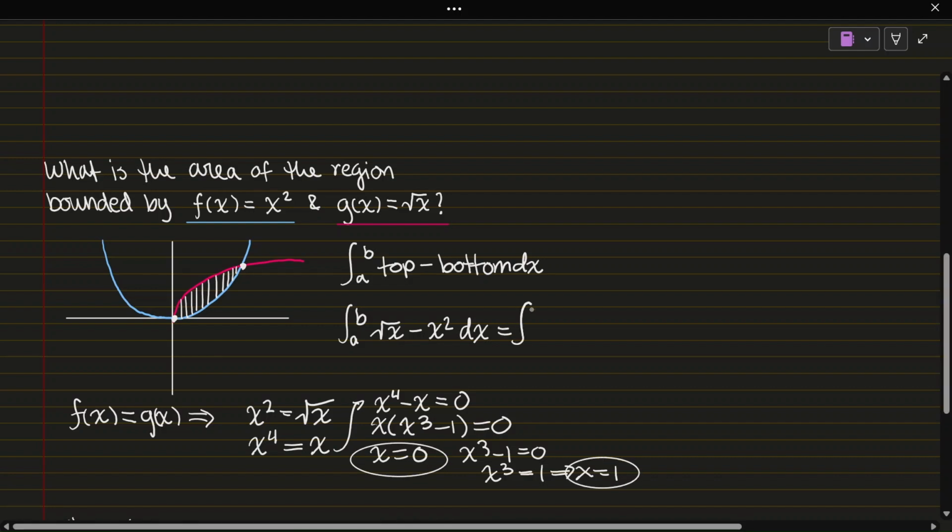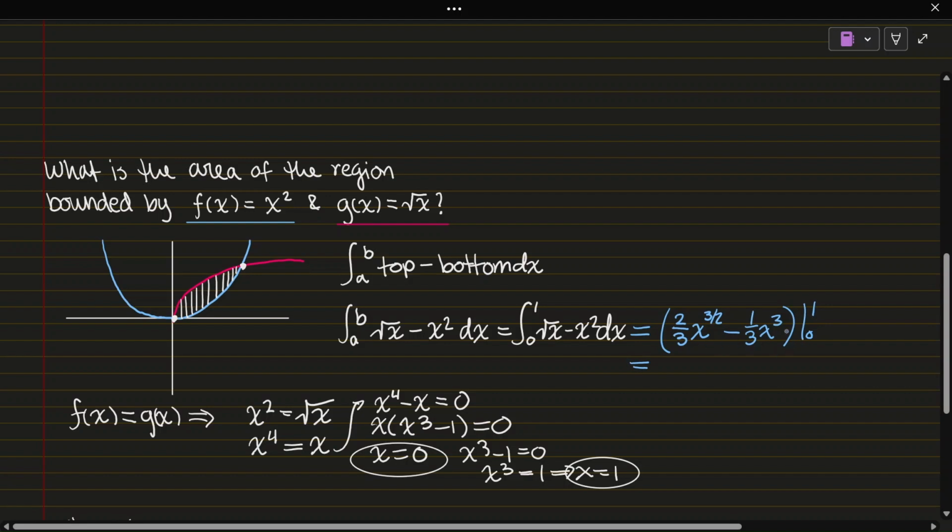So I need the integral from 0 to 1 of the square root of x minus x squared dx. Evaluating this, the antiderivative is 2/3 x to the 3 halves minus 1/3 x cubed, evaluated from 0 to 1.